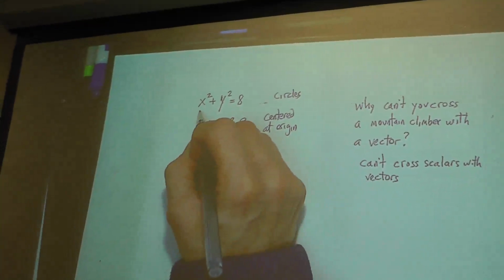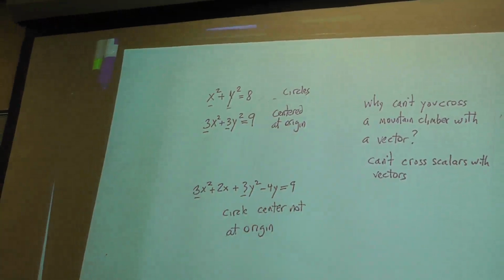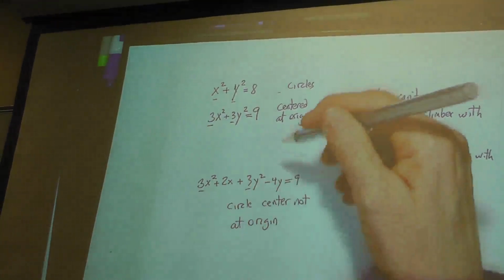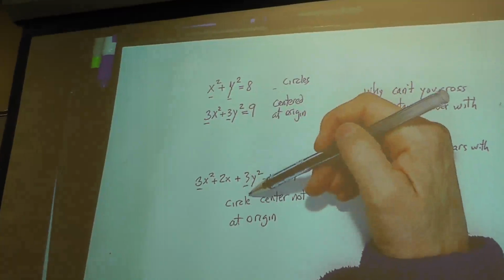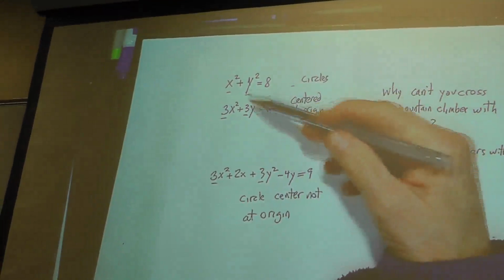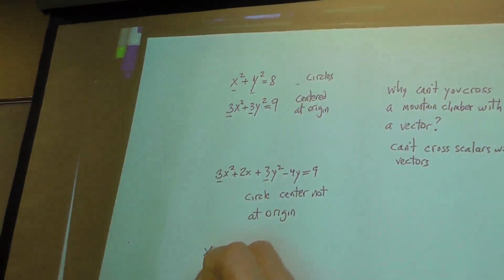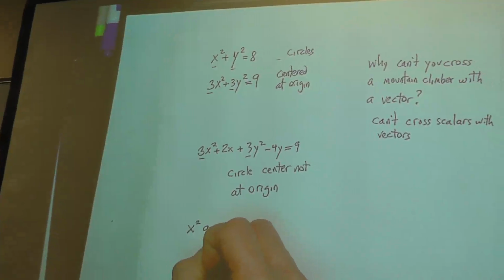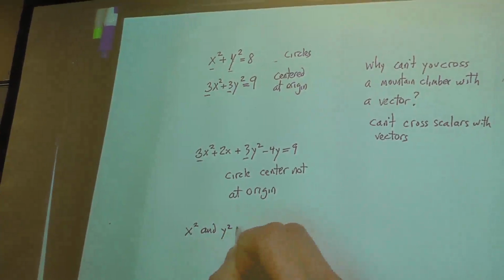Now, I do want to address the threes here. I didn't have any such thing there. Algebraically, what makes these equations of circles is that I have x squared terms and y squared terms.